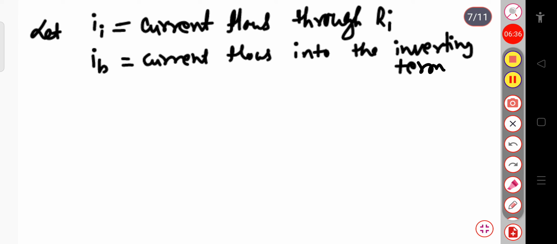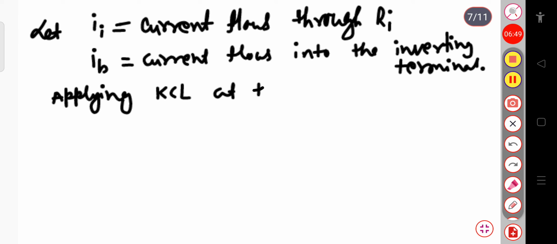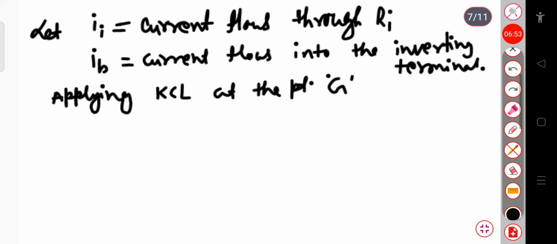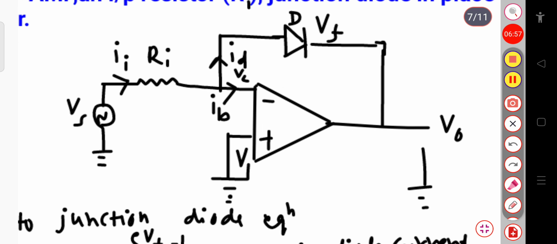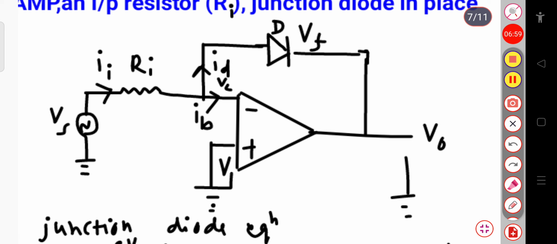So now, similarly, we can apply KCL, that is Kirchhoff's current law, at the point G. Now I will show you the point G. You can see here, suppose at this point, this is your G point.